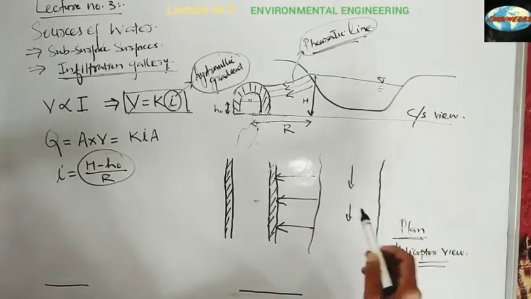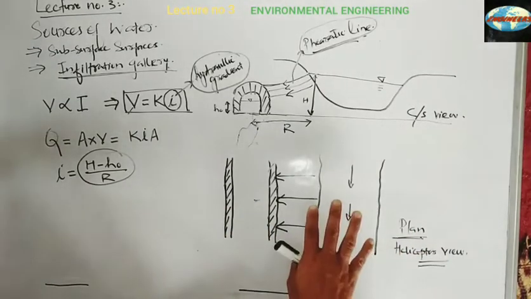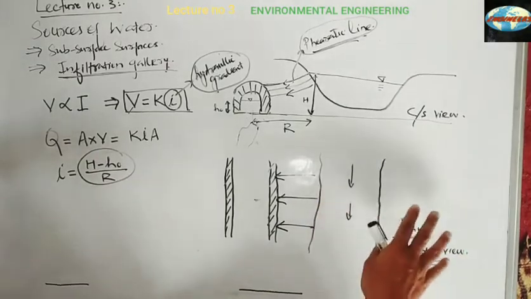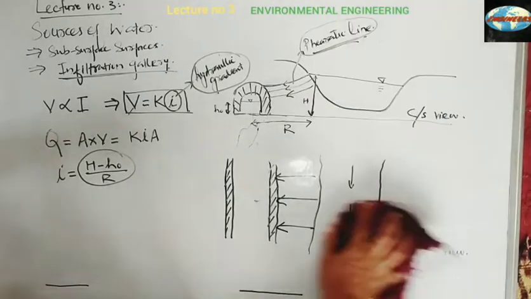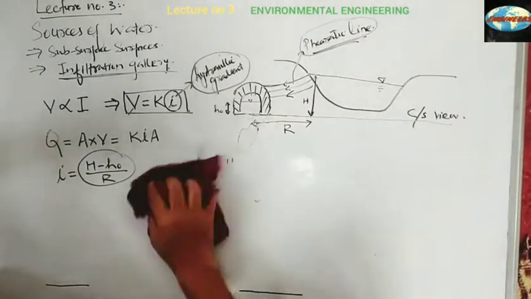Now, for example, if I show you graphically over here, let me rub this because this is not important. The helicopter view is not important over here. I hope you have got the idea what actually we are doing.